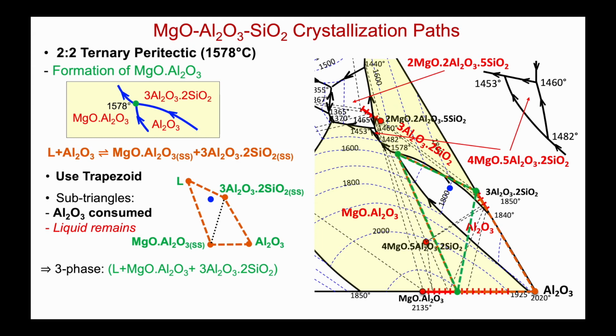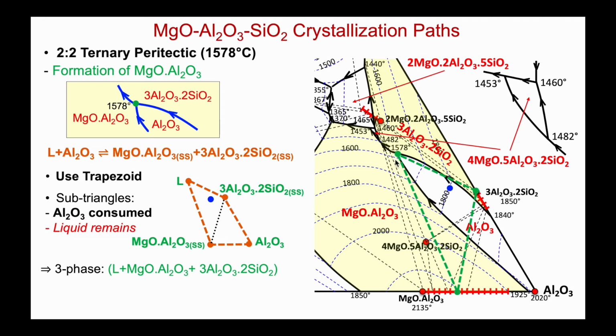So let's replace our trapezoid with a new tie triangle that connects these three phases. The liquid right now is just about to leave the 1578 invariant, but that's its composition. And here's the composition of my spinel solid solution and my mullite solid solution.